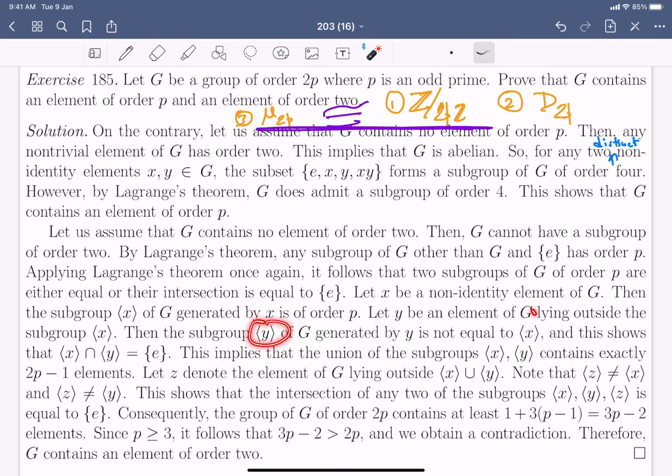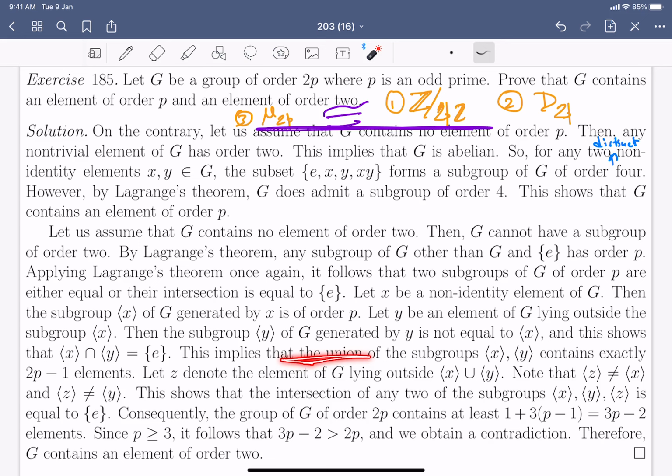Because if they were equal, then Y would belong to the subgroup generated by X, but that is not the case. So it follows that the intersection of these two subgroups is the identity element.